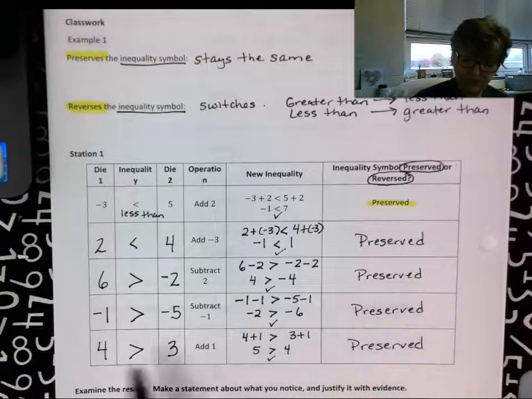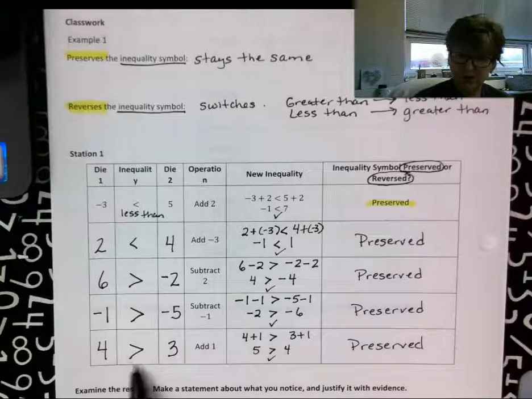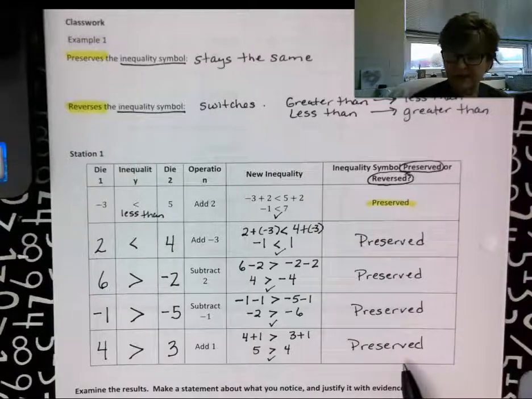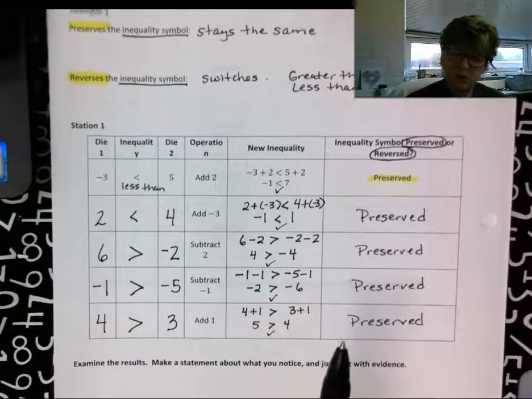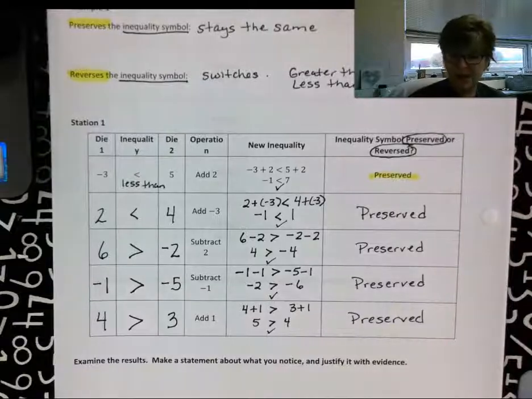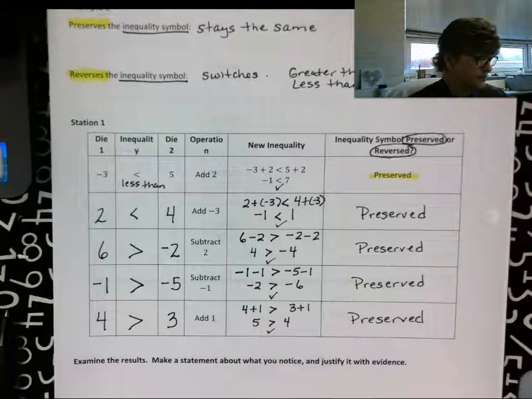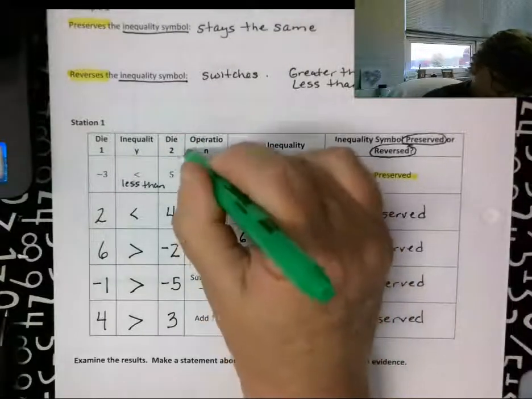And preserved. 4 is greater than 3. And again, we preserved our inequality symbol. So examine the results and make a statement about what you notice. So let's take a look at the operations that are occurring here.